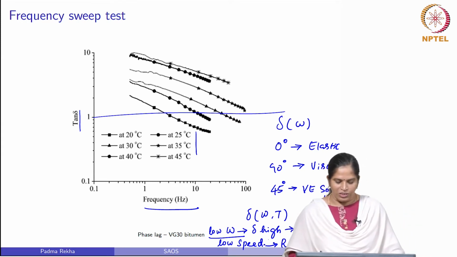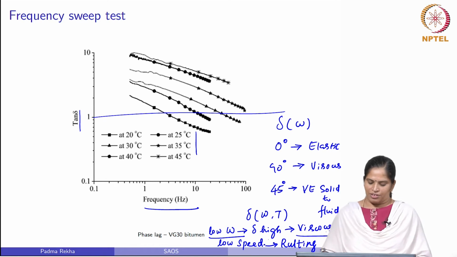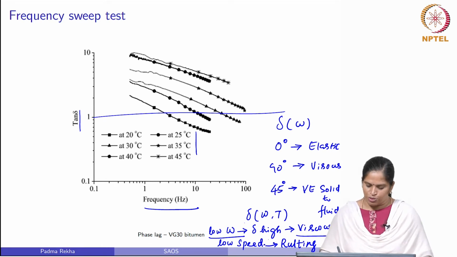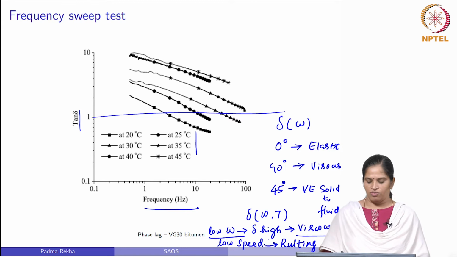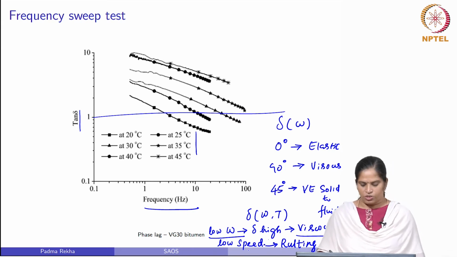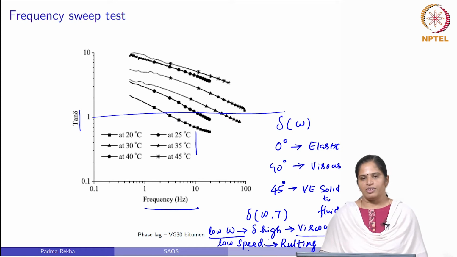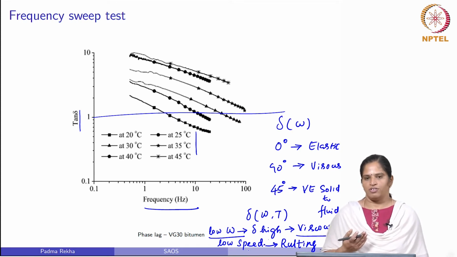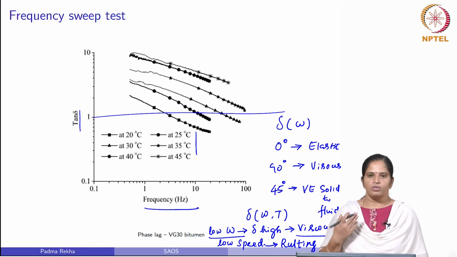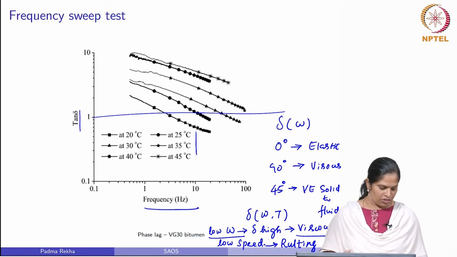If you want to simulate the rutting behavior, it is advisable to know the response of a material at a low frequency. So, we select the frequency depending on our requirement. If you want to characterize it for a rutting response, you characterize at a low frequency, and if you want to characterize a fatigue cracking response, you do it at a high speed or a high frequency.